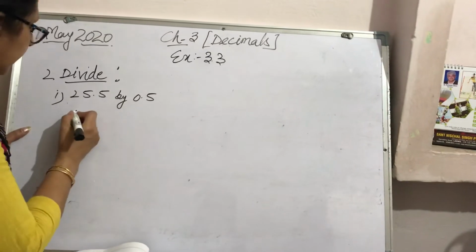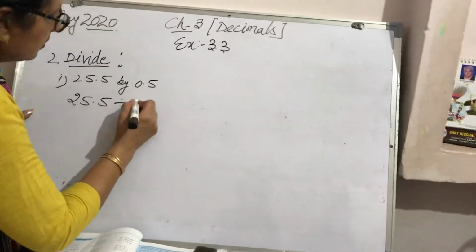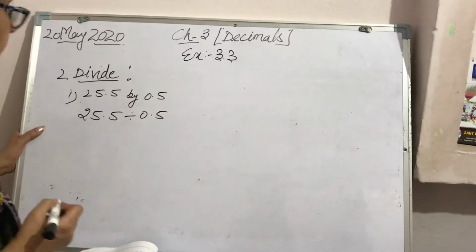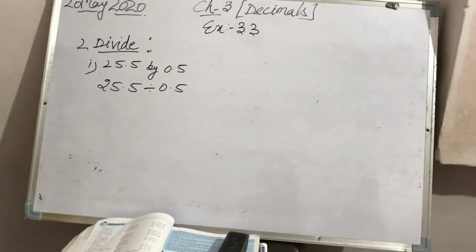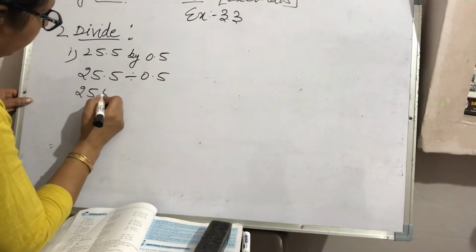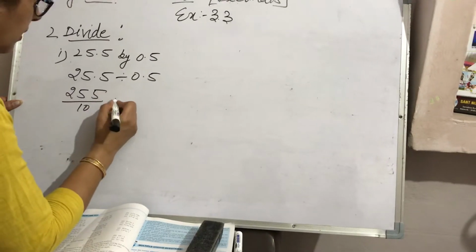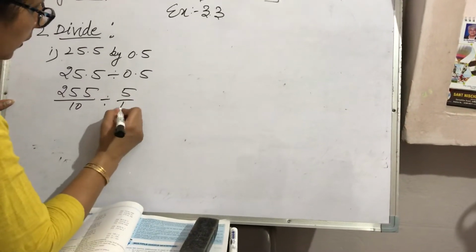So in the first step we'll use the division sign. Now remove the decimal: 255 upon 10 divided by 5 upon 10.